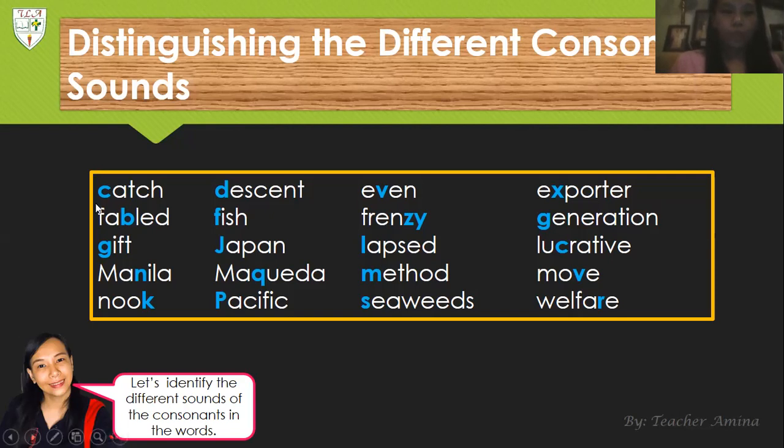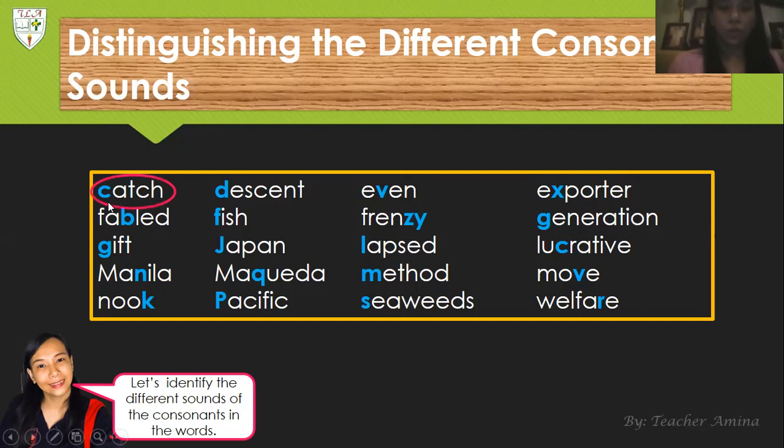So let's find out which word has the same consonant sound as the ones that are highlighted. Okay, so for the word catch, the highlighted letter is letter C. So when reading the word catch, it has the k sound.